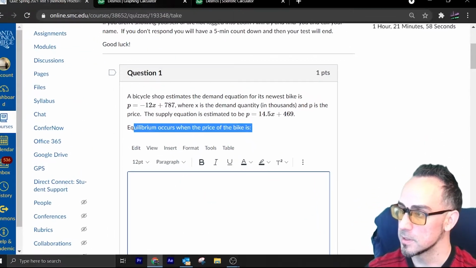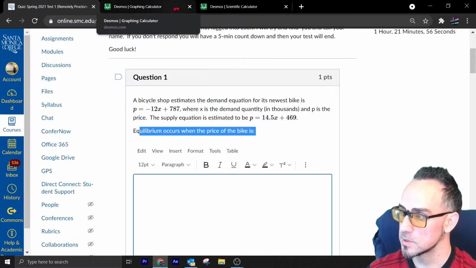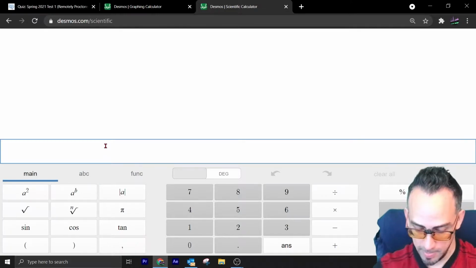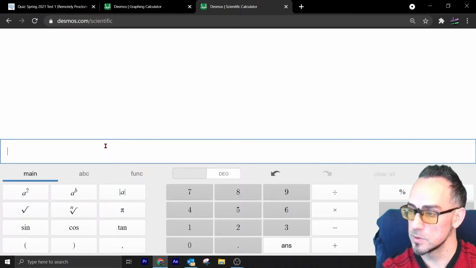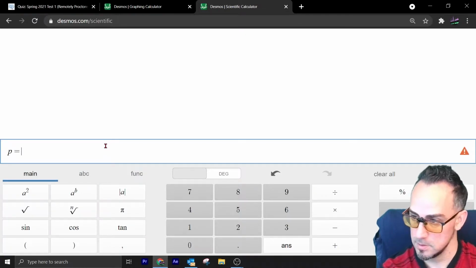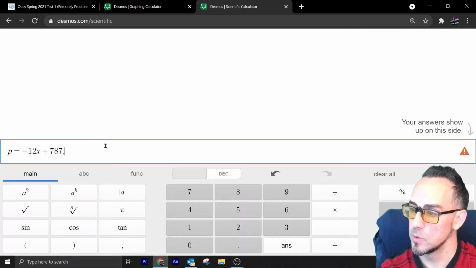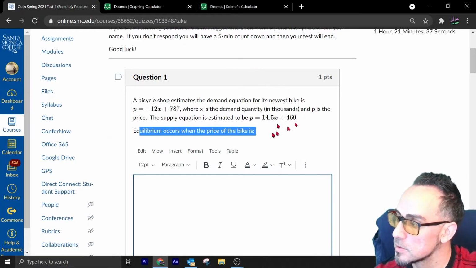For that, we can solve the system of equations. So we can go to Desmos. P equals negative 12x plus 787. We also have P equals 14.5x plus 469.